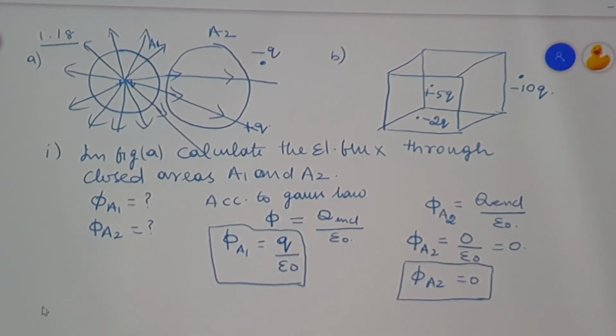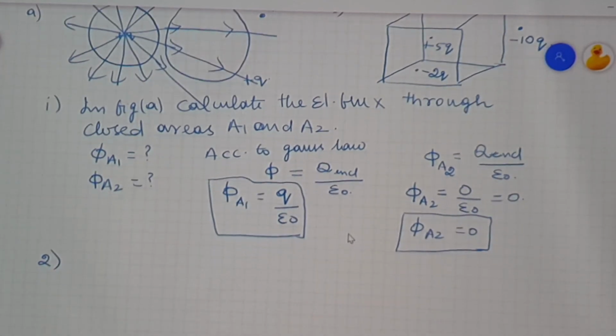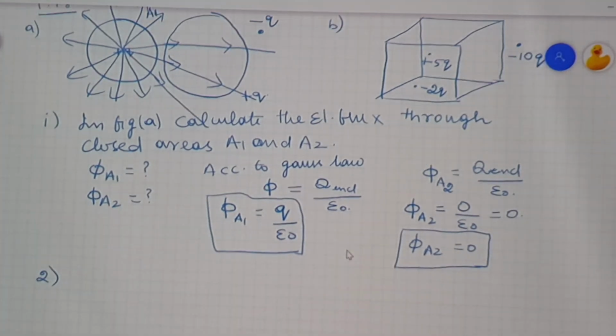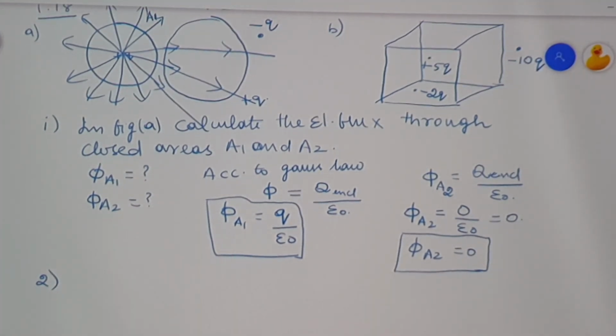Similarly, you consider the second problem. What is the second subdivision of this? That is figure B. In figure B, we have to calculate the flux available. Again, the electrical flux is equal to the charge Q enclosed inside the closed surface divided by epsilon 0, for the cubical vessel.